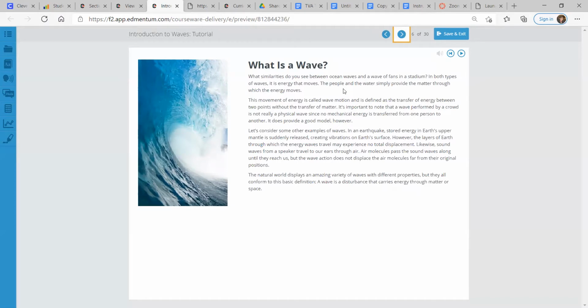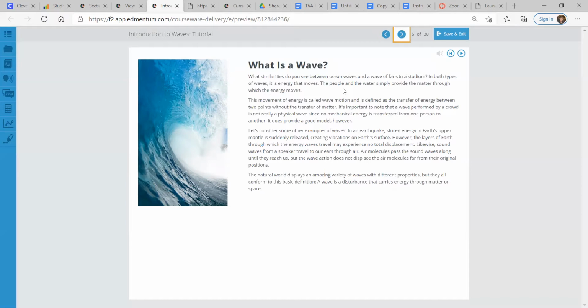In both types of waves, it is energy that is moving. Waves are moving amounts of energy. The people and the water simply provide the matter through which energy moves. Energy is moving through matter in a wave.